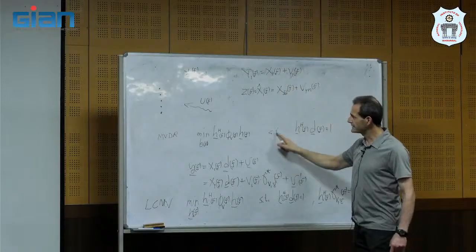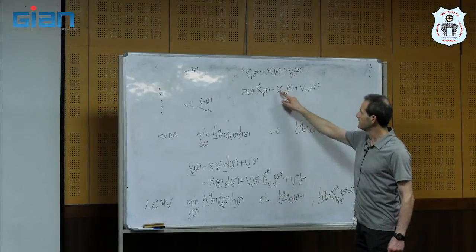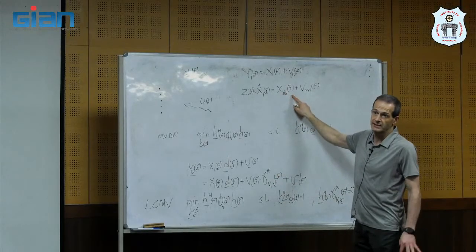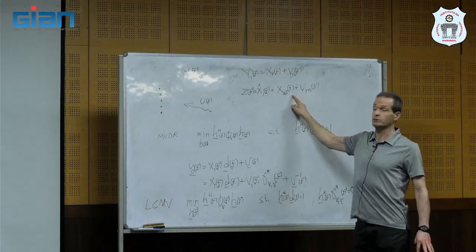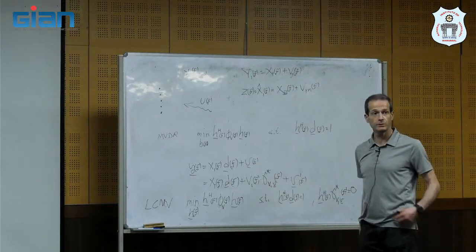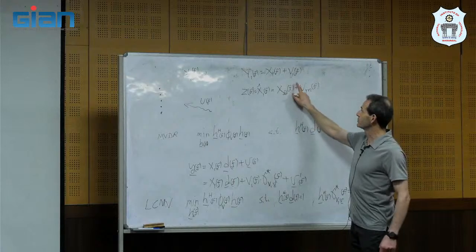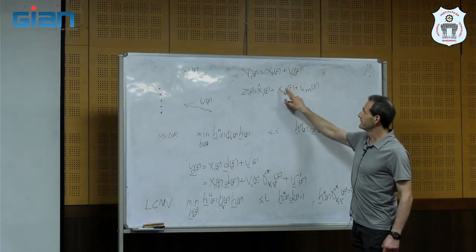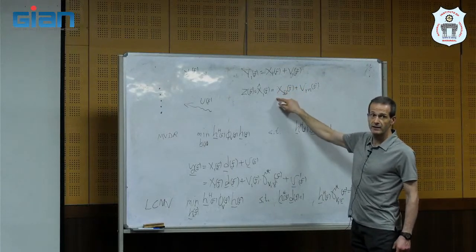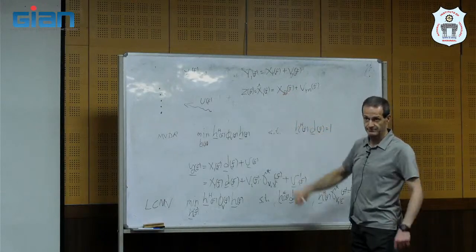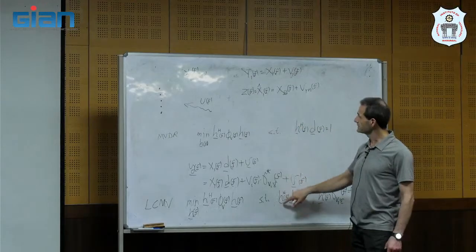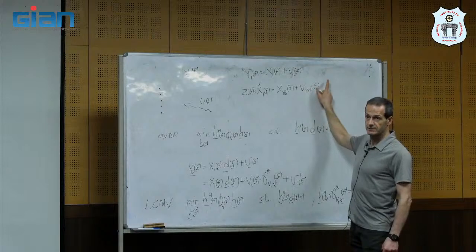So in both cases, the MVDR and LCMV, this part is the same. It's X1 because it's a distortionless response. Both are distortionless responses. So the variance of X1, the filtered desired signal, equals the variance of X1, the same. The only difference is the variance of the residual noise.